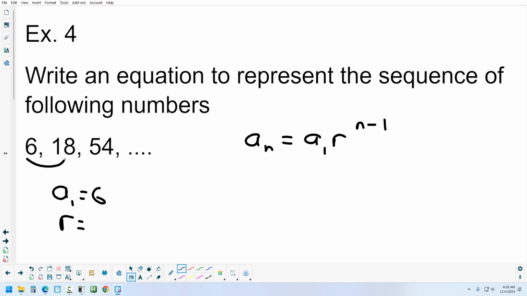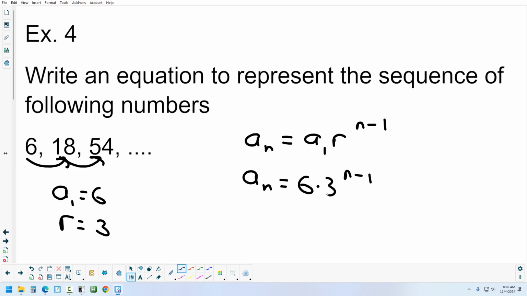And what do we multiply each time to get from one to the next? Yeah, I think the last one was 3 too. It's not always a 3. Right. So now this stays the same. That stays the same. What's A sub 1? 6 times 3.